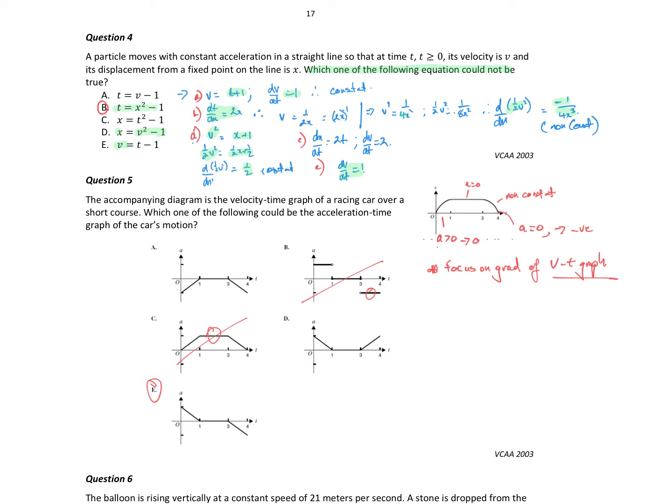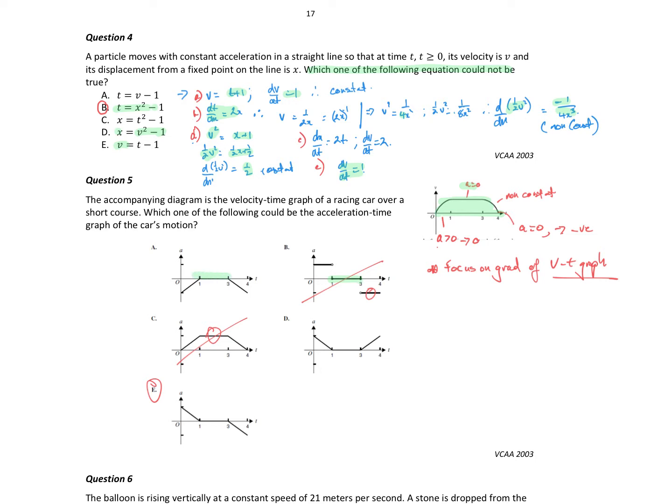Again, it's velocity, watch, this is the velocity time graph over here. Which one is my acceleration time graph? So clear cut, acceleration is the gradient the whole time, so we're focusing on the gradient. So clearly the gradient of the graphs between 1 and 3 is 0.